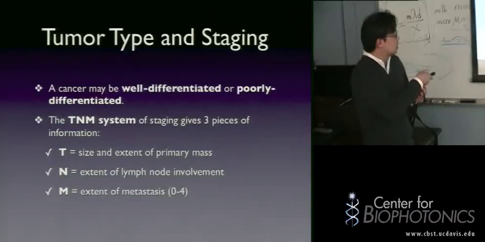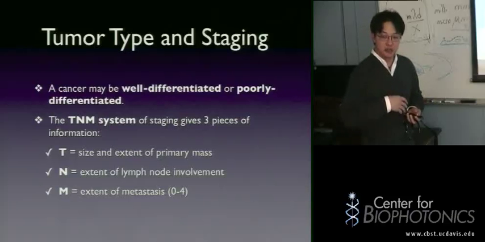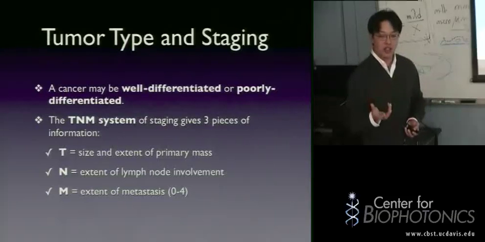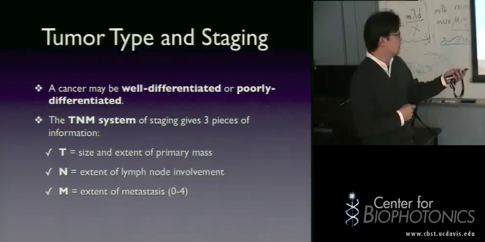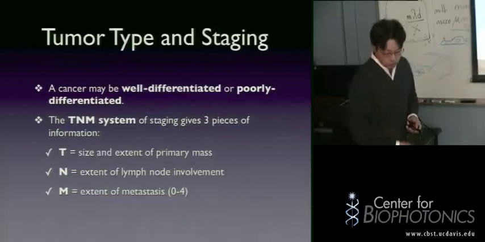N is the number of lymph nodes that get involved, because typically when a cancer spreads, it tends to spread through the lymphatic system in the body. The lymph nodes normally filter out cancer cells, so you're likely to spot spreading cancers at the lymph nodes. And then M is the extent of the metastases on a scale of 0 to 4.